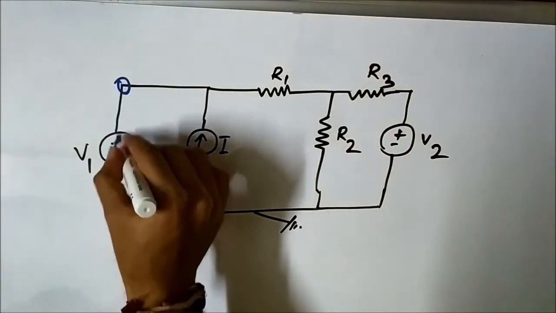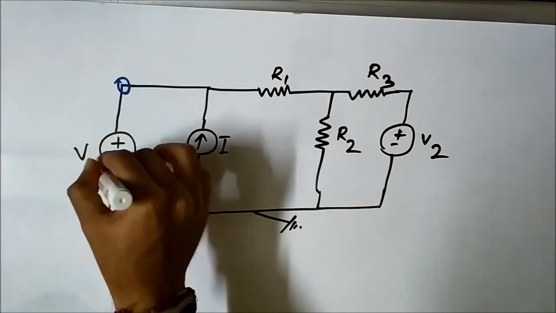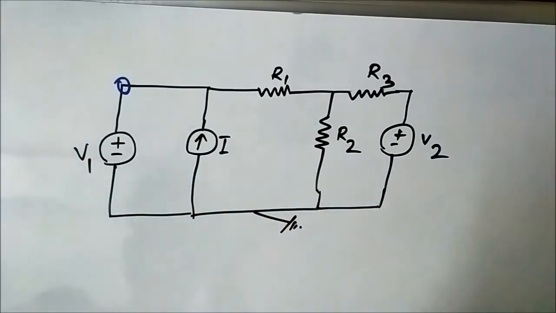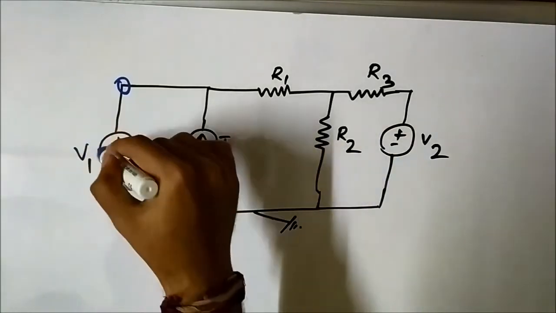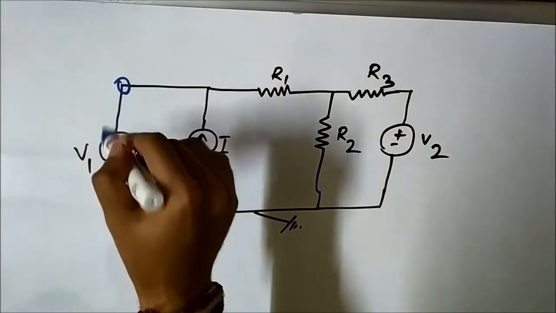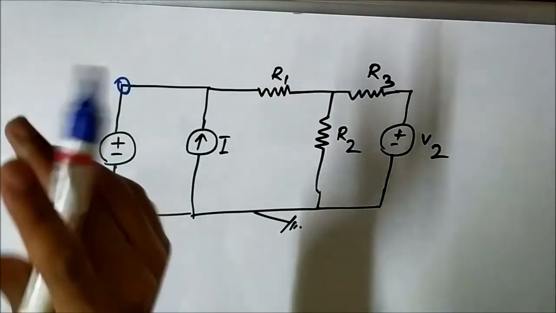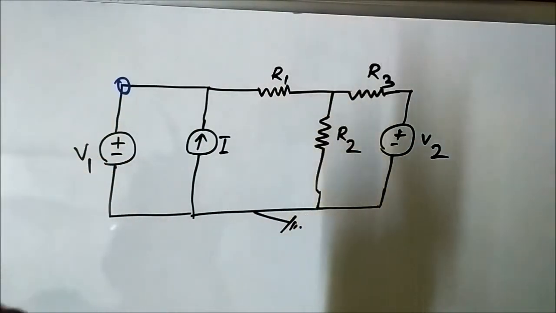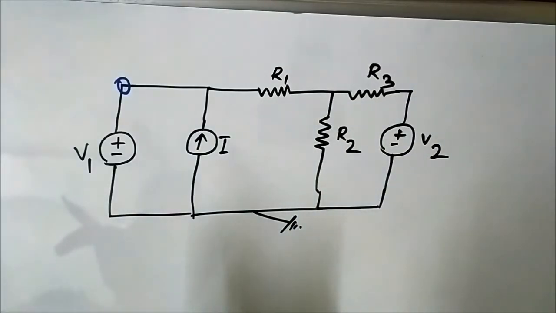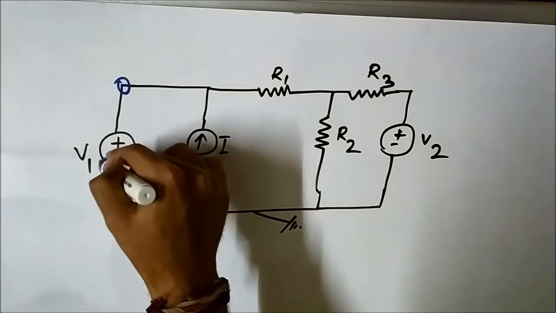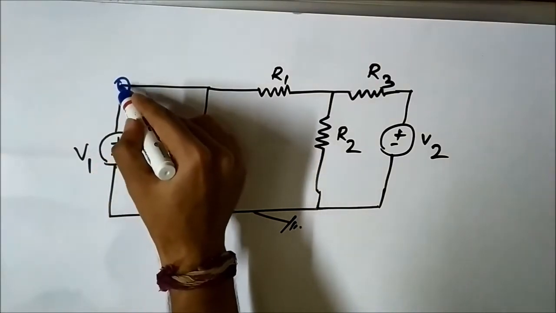So here you can see this point is connected to this voltage source V1 and there is no other circuit element, be it a resistor, inductor or capacitor, connected in between the voltage source and this point. So there will obviously be no voltage drop. There will be no loss of voltage between this voltage source V1 and this point.